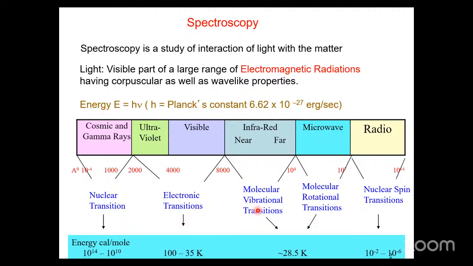In infrared spectroscopy we observe vibrational transitions, in microwave rotational transitions, while in radio frequency, as the energy is very low, this low energy enables us to observe nuclear spin transitions.